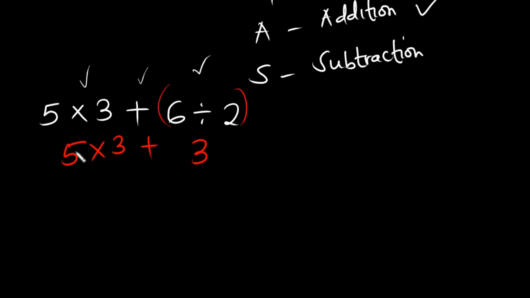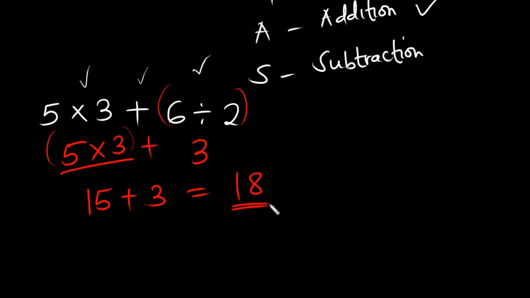So we can work out the multiplication. So 5 times 3 is 15. 15 is going to replace the whole of that operation. So 15 and then plus 3. So 15 plus 3 is going to be equal to 18. So 18 is going to be the answer to that problem.